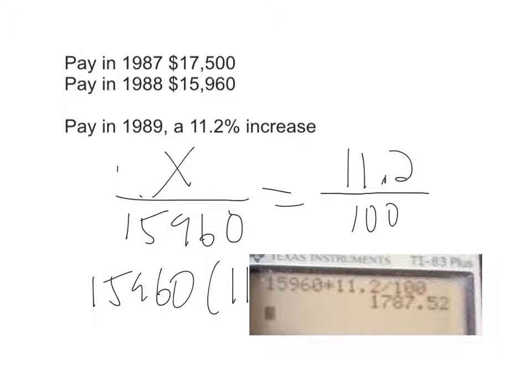And then, so what is my new pay for that next year? Well, I'm just going to add my old 15,960 pay plus my increase. So it went up to 17.7.